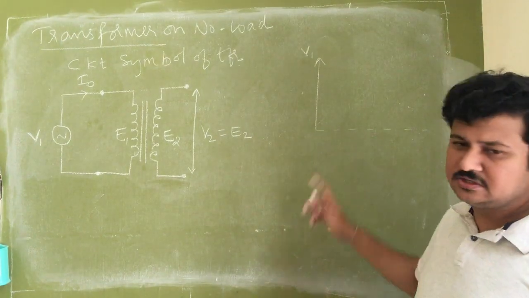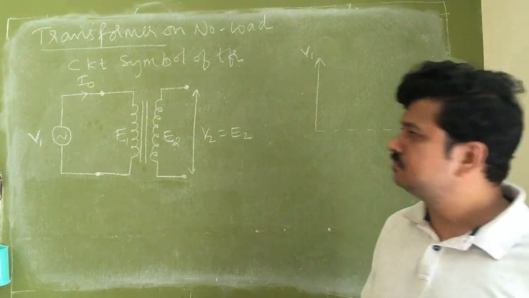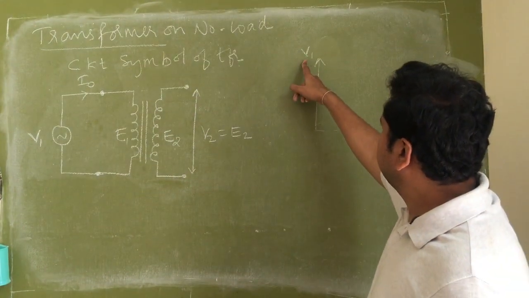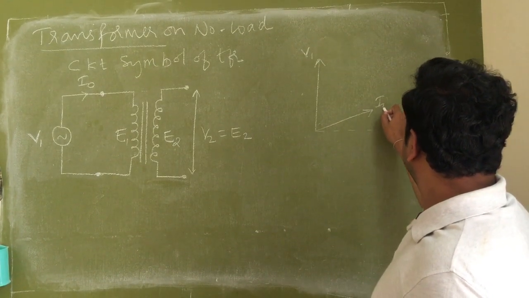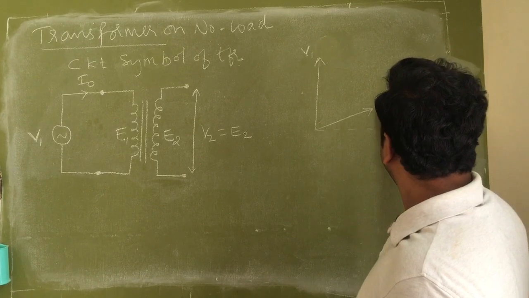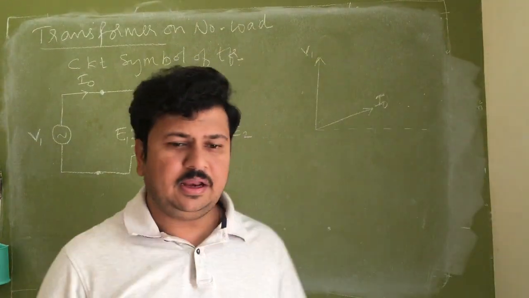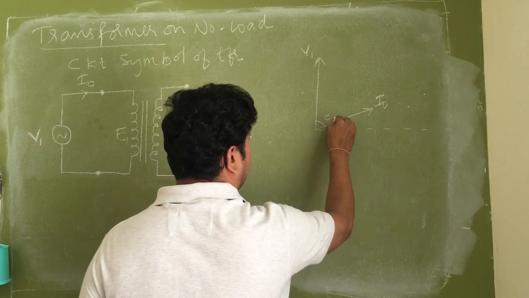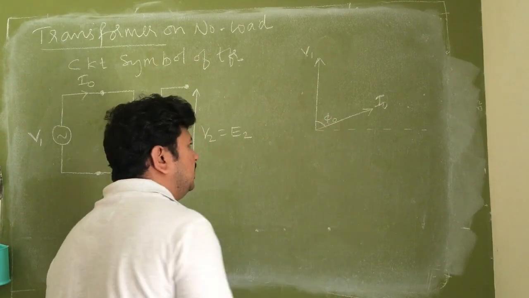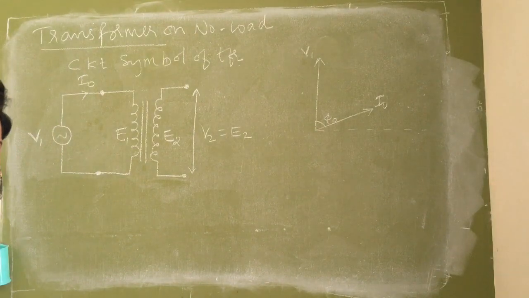So on the positive x-axis we get flux. So I0 is lagging behind V1 by an angle phi naught, and this phi naught is nearly 90 degrees.